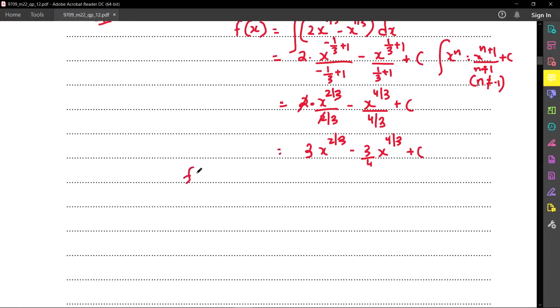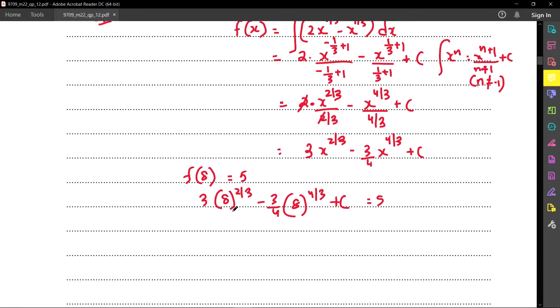Now we have the initial condition f of 8 equal to 5. So plug in x equal to 8 in this. So 3 into 8 to the power 2 by 3 minus 3 by 4 into 8 to the power 4 by 3 plus c equal to 5.